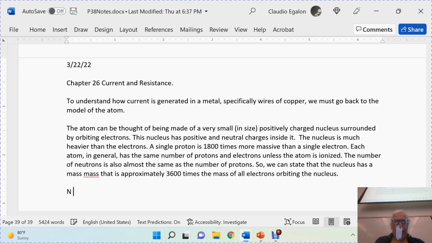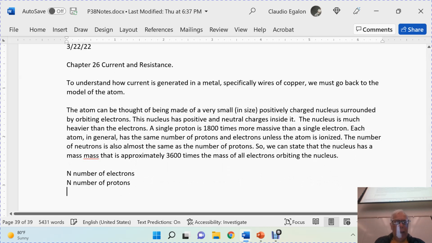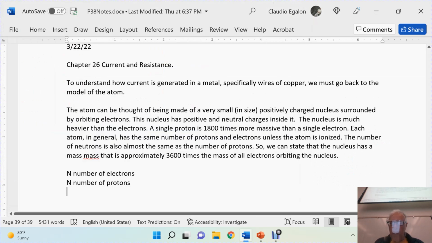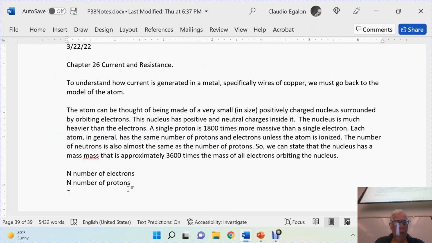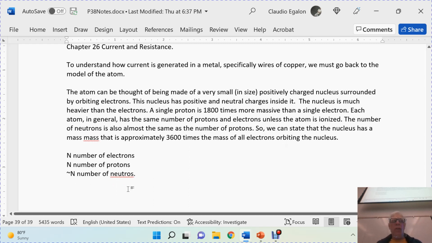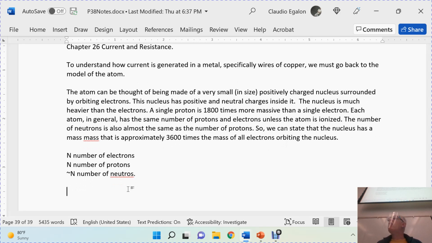It's n number of electrons, n number of protons, and approximately n is the number of neutrons. So overall, the mass of the nucleus is 3,600 times more than the mass of the electron. You can see how heavy the nucleus is compared to the electrons.